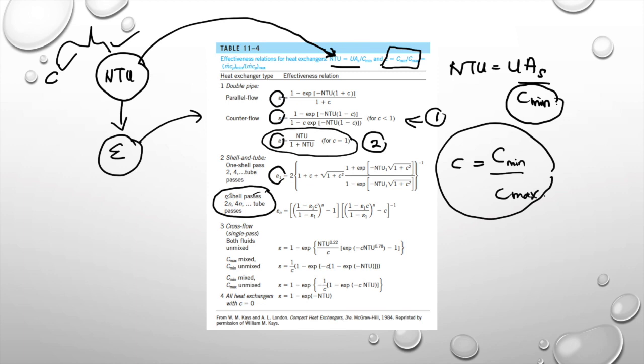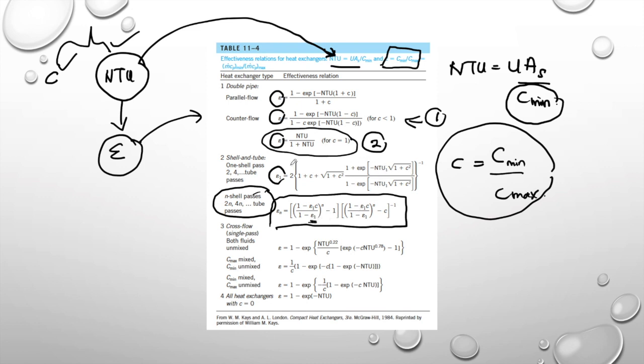So if you have 2 shell passes, you will have 2 times n. So for example, 1 shell pass, 2 tube passes, 2 shell passes, 8 tube passes. Then you will refer to this equation. Okay, but to refer to this equation, as you can see here, we have epsilon 1 here.